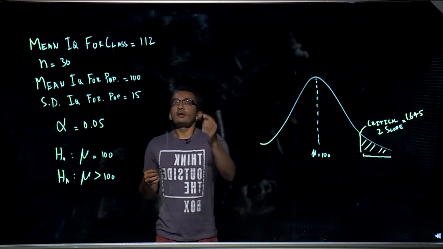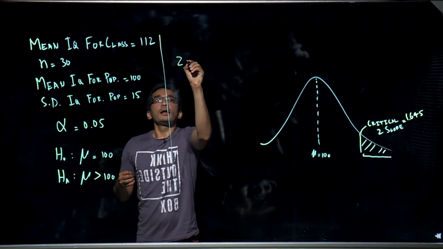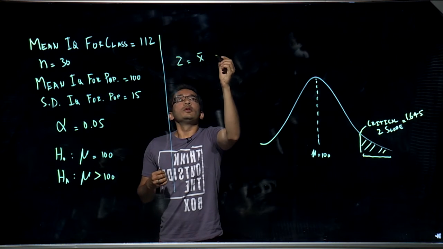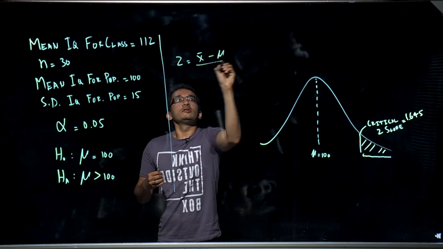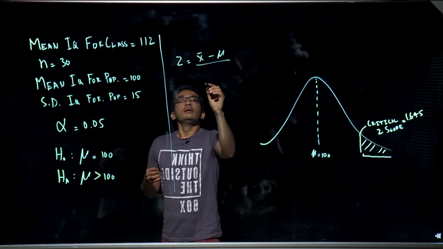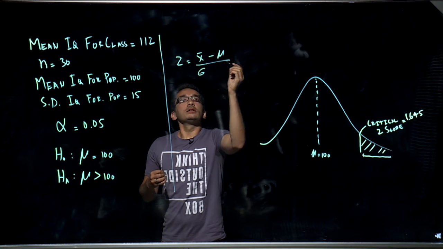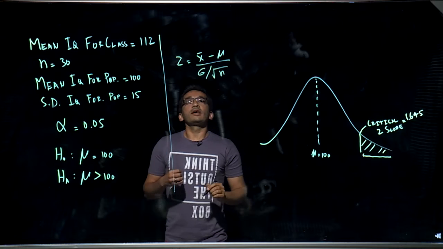So let's actually calculate the z-score by this formula of x bar, which is the sample mean, minus mu, which is the population mean, divided by the standard deviation of the population over the square root of the sample size.